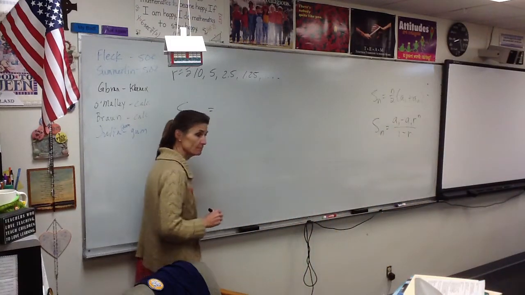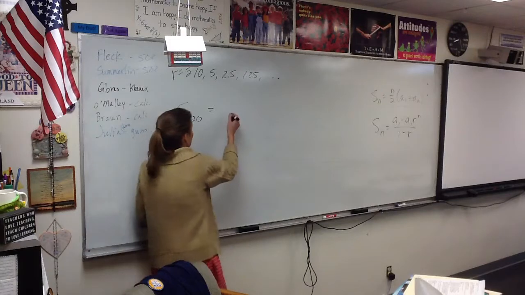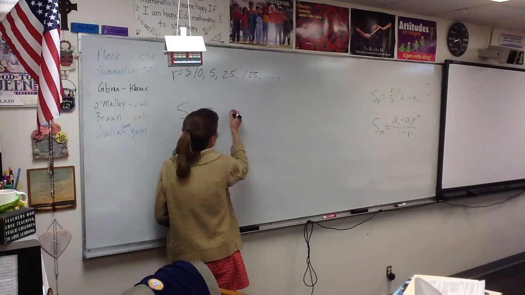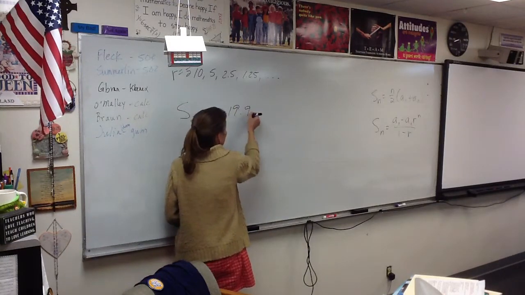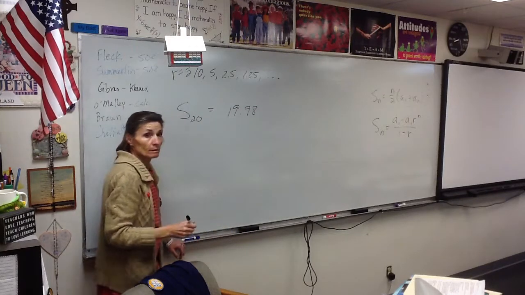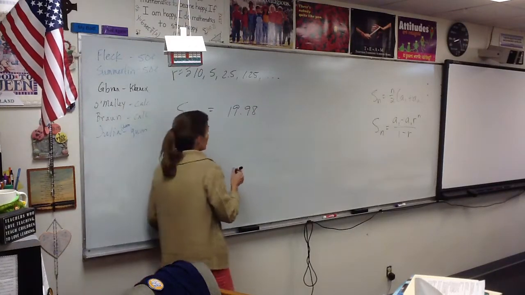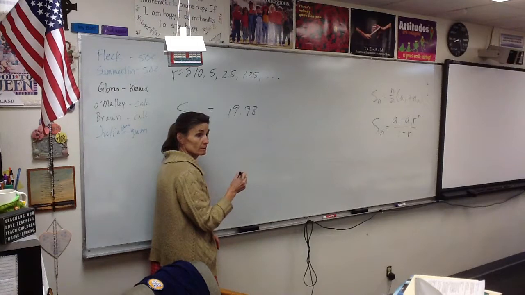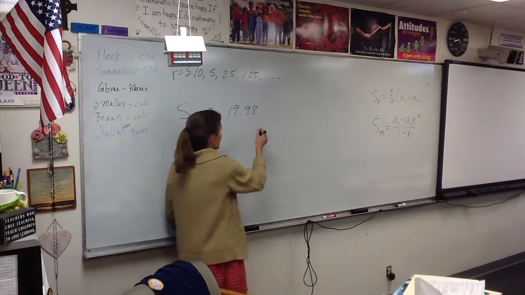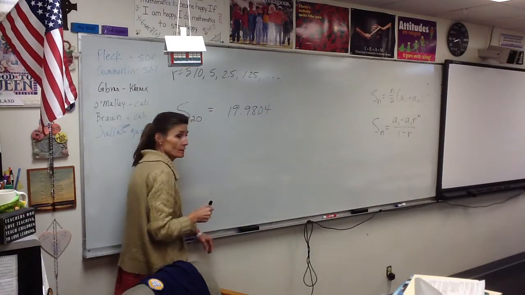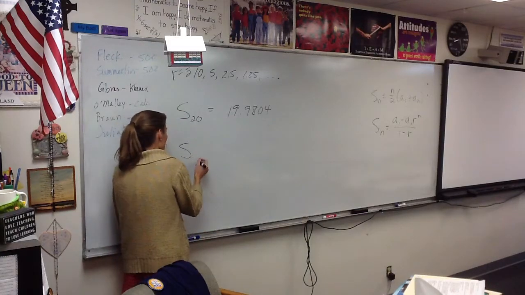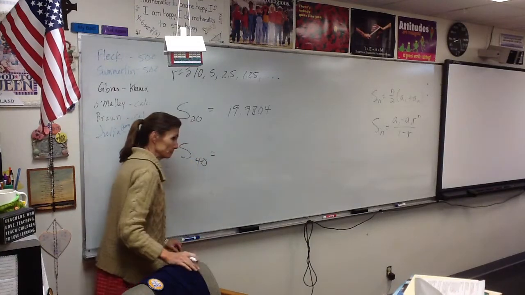Did you get an answer? What'd you get? 20. 19.98? Wait, no. So 9804 something? Okay. Would you add up 40 of them for me?